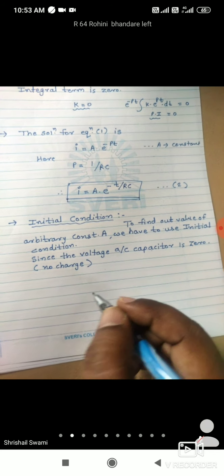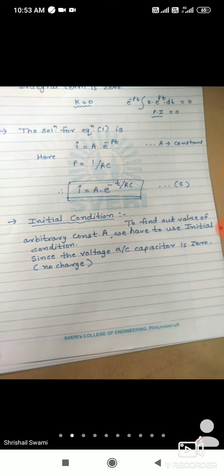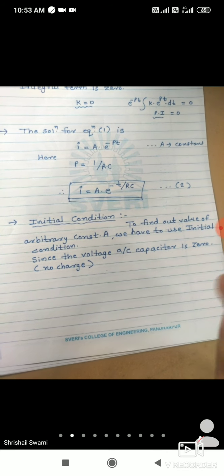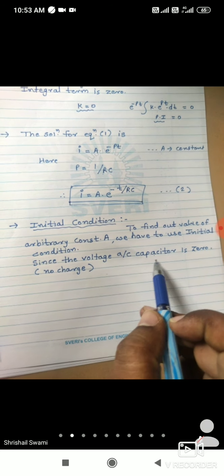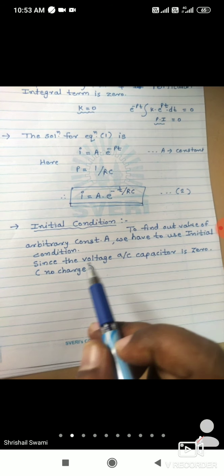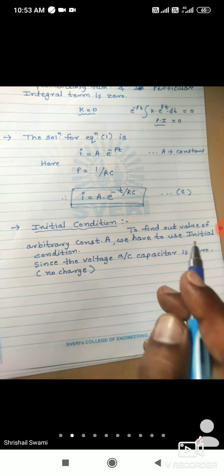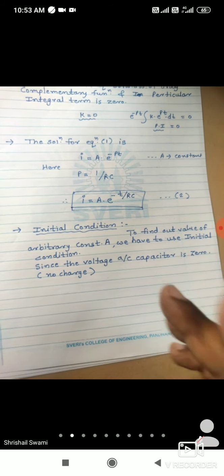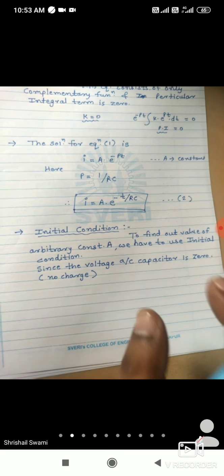Is it maximum or minimum? If the capacitor is shorted, is the current maximum or zero? Who will tell? If the voltage across the capacitor is 0, then what will be the value of the current passing through the capacitor when the supply voltage is connected? Is it maximum or is it 0?